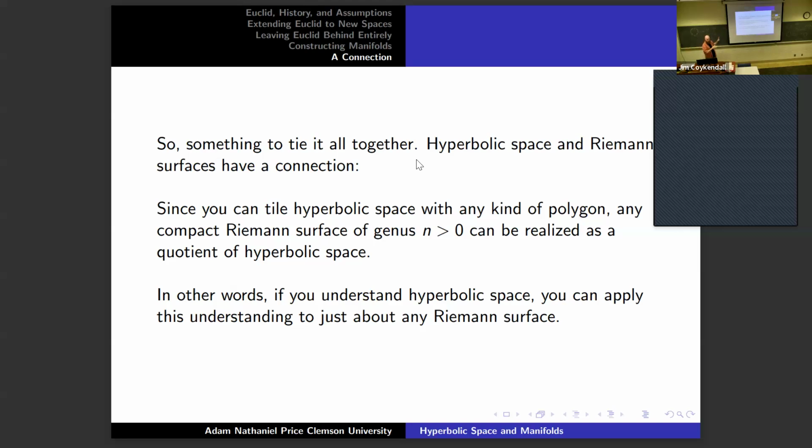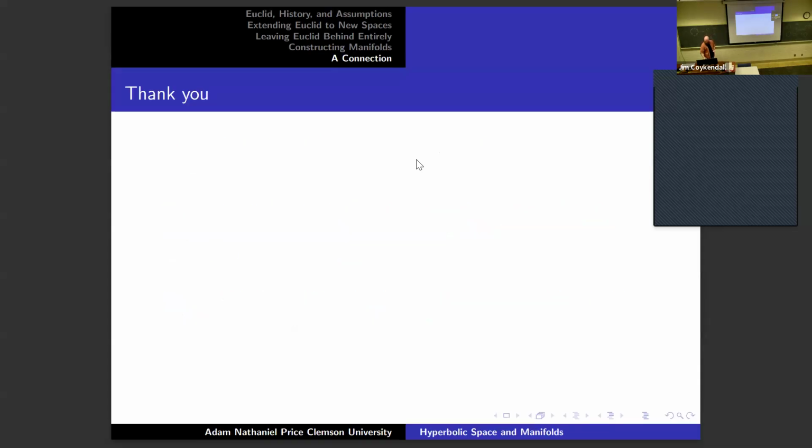Since you can tile hyperbolic space with any kind of polygon at all, you can always realize a compact Riemann surface of genus greater than 0 as a quotient of hyperbolic space. So if you understand hyperbolic space, you can apply this understanding to just about any Riemann surface, because they're all contained in it. That's all I really have.